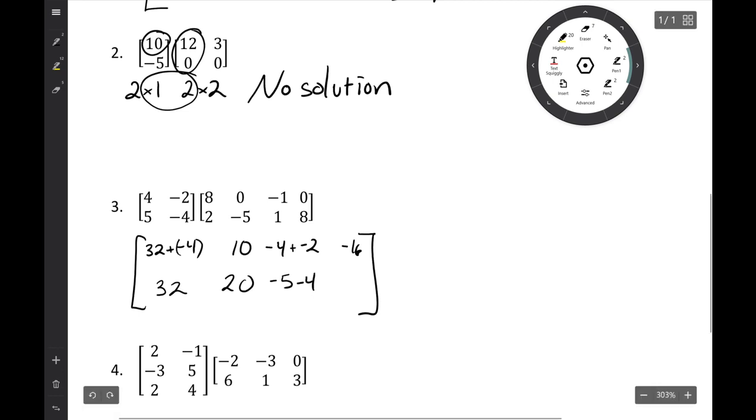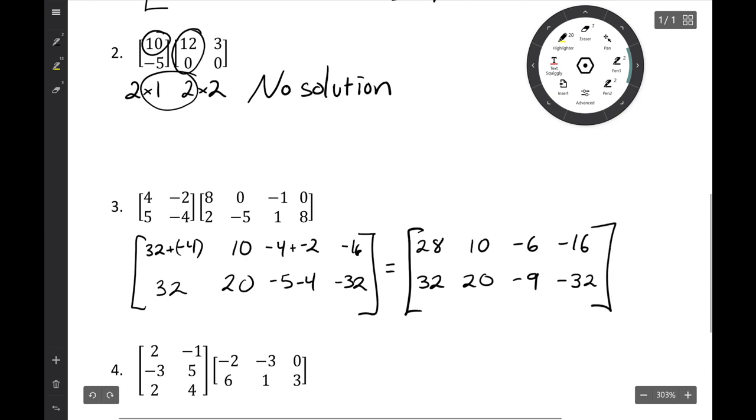And then I got 5 times 0. -4 times 8 is -32. Put all this together, and this becomes 28, 10, -6, -16. That's my first row. And then 32, 20, -9, -32. That's my second row.